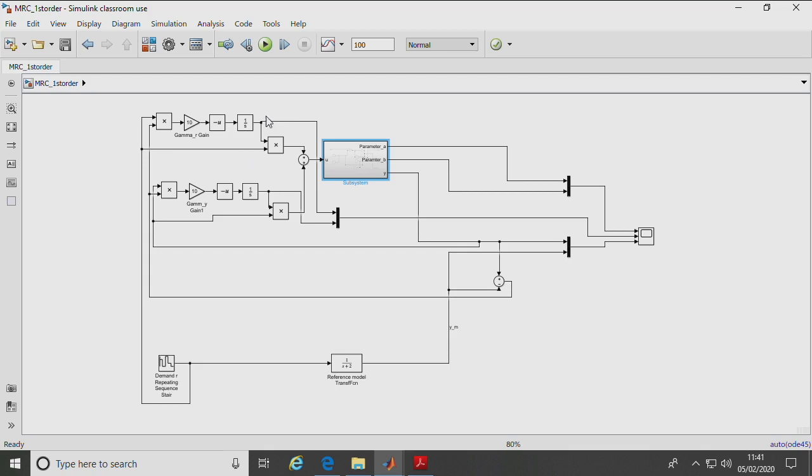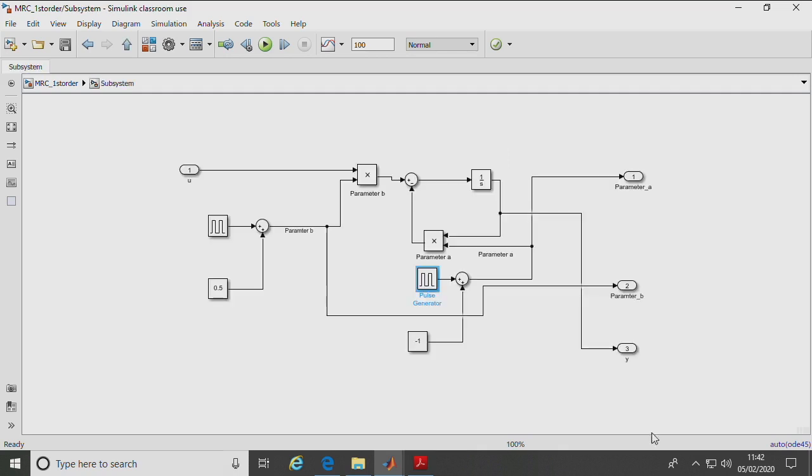I'm multiplying here, obviously I'm getting AR estimated, AY estimated, and I need to multiply this with Y and here with R. Yes, am I right here? Yes, that's what it is. And then we have here the overall closed loop system.